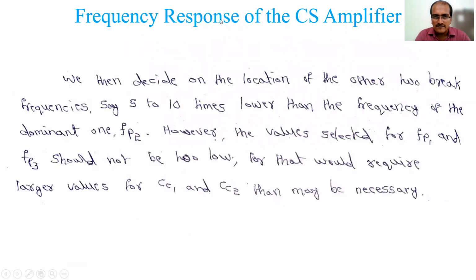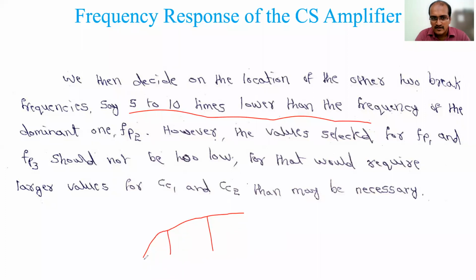Then we decide on the location of the other two break frequencies, say 5 to 10 times lower than the frequency of the dominant one. As in the response curve you have seen, FL is the dominant one, which is FE2, then you have FE3 and then FE1. They are lower values, so we can consider approximately 5 to 10 times lower.